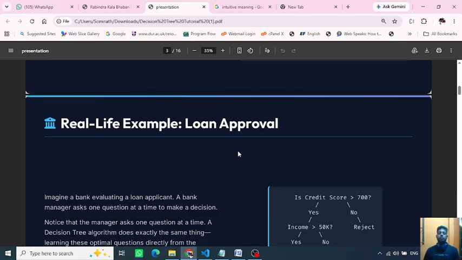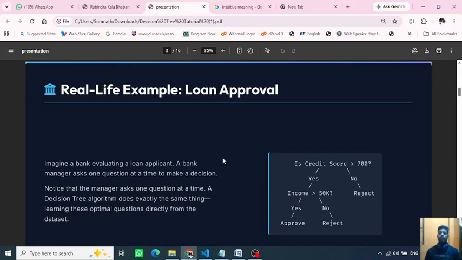So let me explain it with a real life example. It is loan approval. Imagine a bank evaluating a loan applicant. A bank manager may ask several questions to make a decision, like whether the credit score is above a certain level.